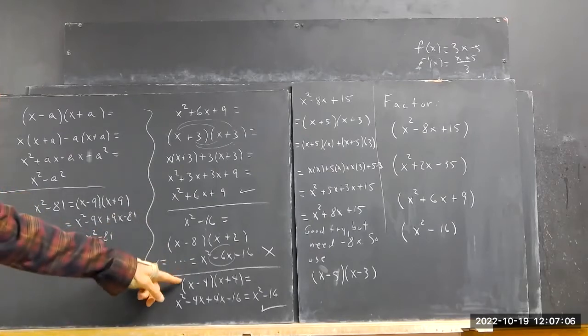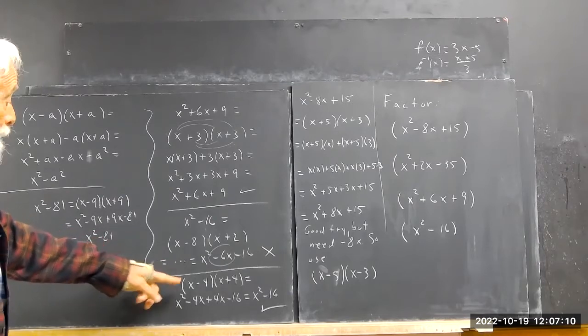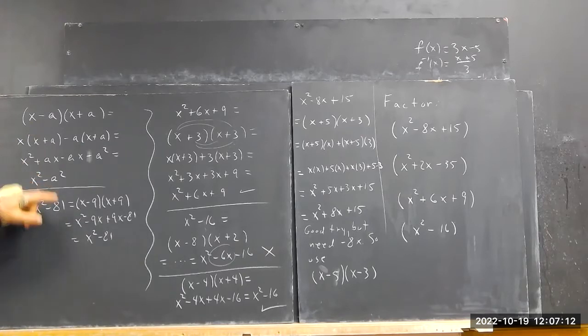This is just like what we did, okay? There's also an instance of this. If a is equal to 9, that's what we have. Okay, so you've got this formula.